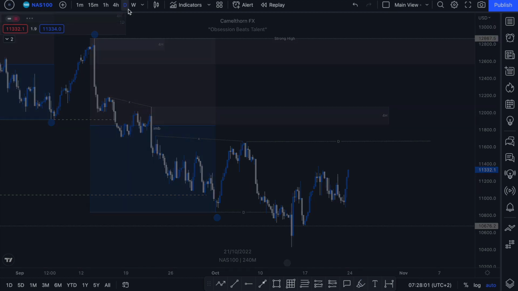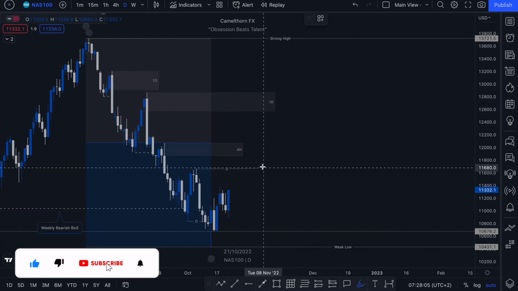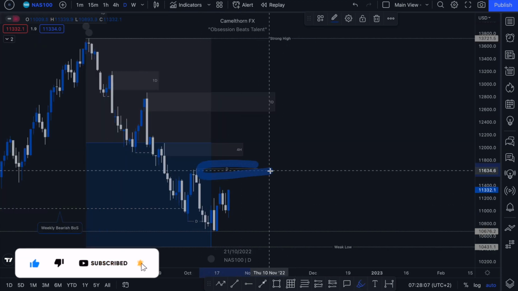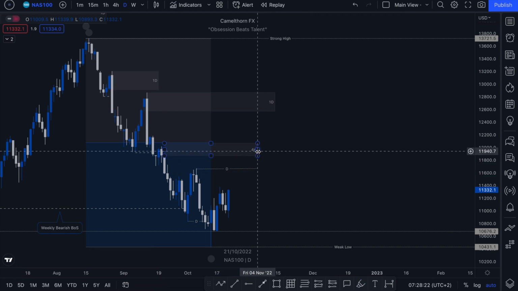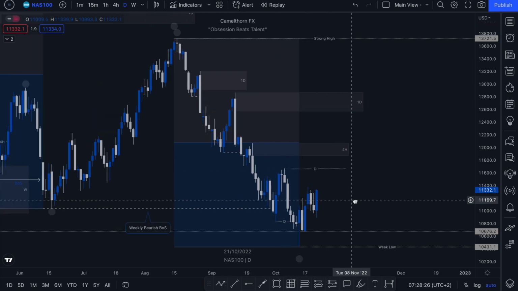If we drop back out to the daily chart, and if we have a look again at our daily change of character in here, as you can see, this 4-hour zone sits just above that daily change of character, okay?